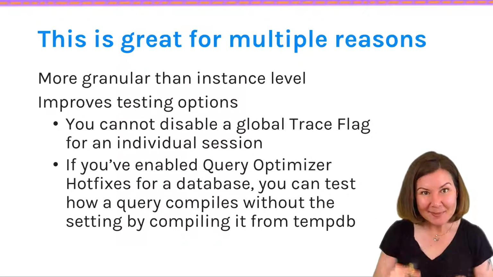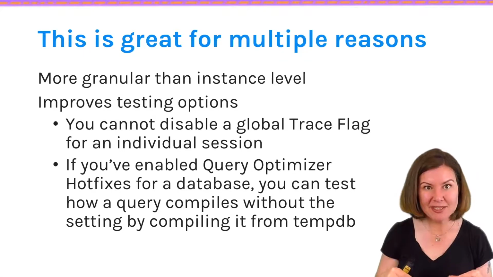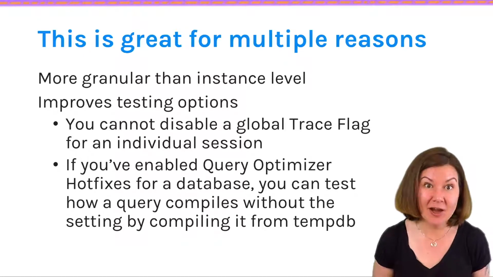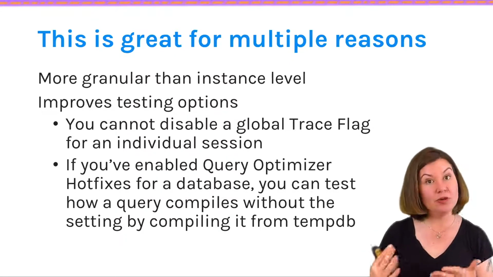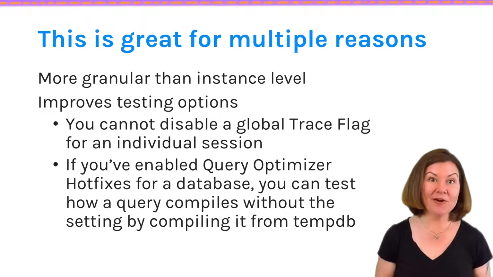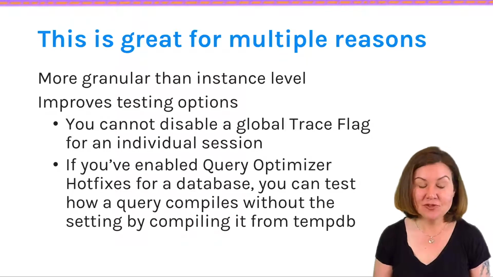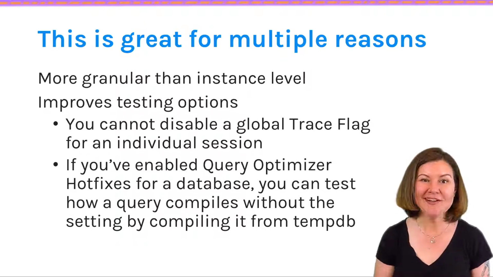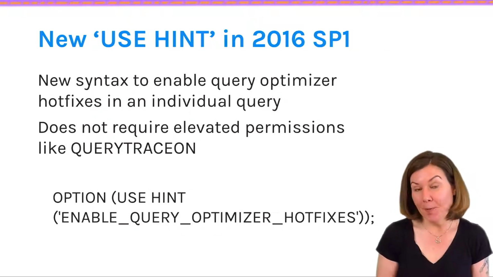But I'm compiling my query in the scope of tempdb. Tempdb doesn't have query optimizer hotfixes on, so I can actually see how it would compile without query optimizer hotfixes. It's very cool, and because it's just database scoped, I have more options taking advantage of that scope.